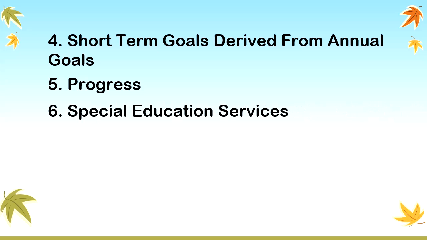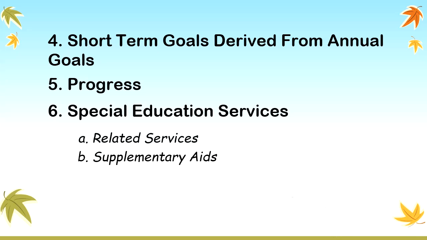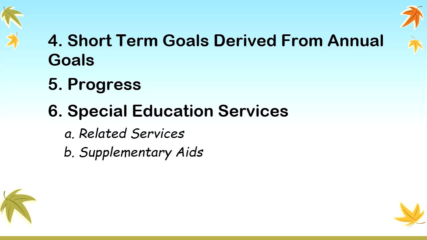The sixth component of IEP is special education services. While developing an IEP, special education services, related services, and supplementary aids to be provided for the child's needs should be given importance.